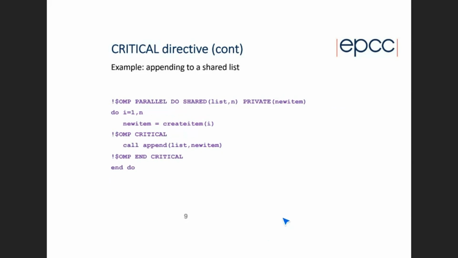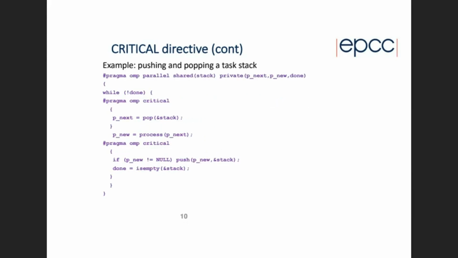Okay, so let's have the Fortran example as well. That's a simple example where we just have one critical region.